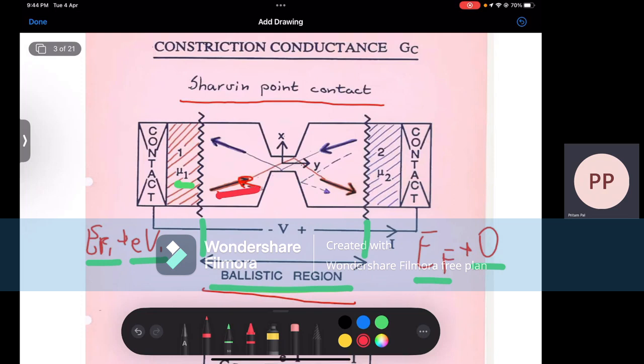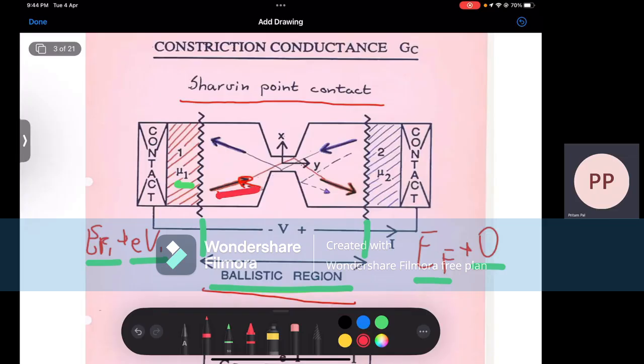There are also other trajectories which do not lead across the constriction, but scatter you back, and that's the role of the constriction. So not all the electrons that fly from the direction of contact one will make it across the constriction.